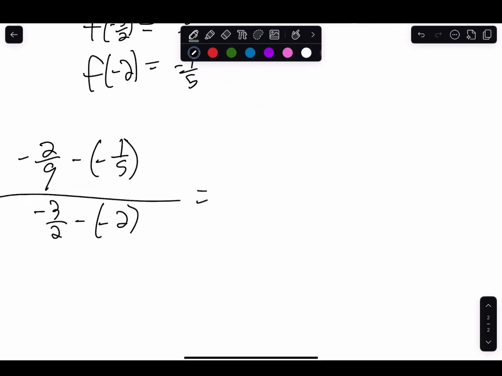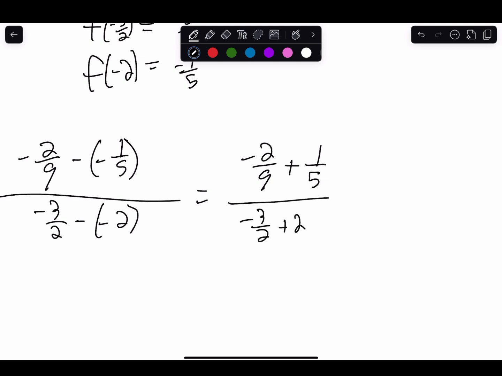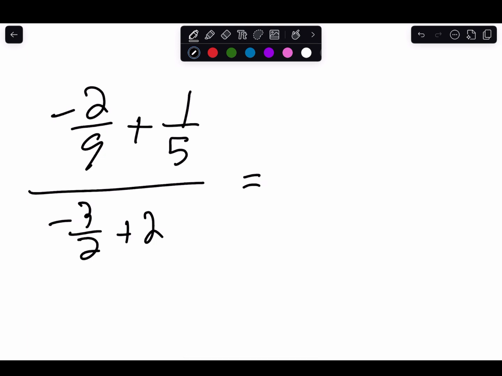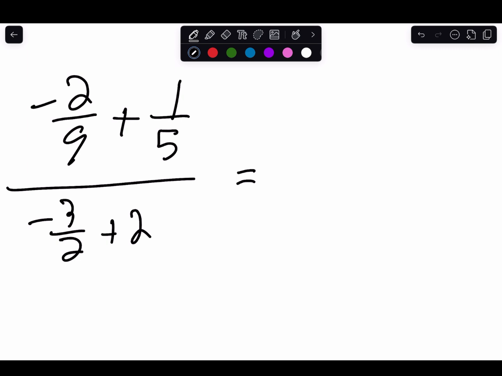So I just want to rewrite this to, again, get those double negatives out. It's going to be plus 1 over 5, and then this is going to be -3 over 2 plus 2. I feel like the denominator is a lot easier to do because there's a lot less simplifying. 2 you could rewrite as 4 over 2, and so you're going to get -3 over 2 plus 4 over 2, which is 1 over 2.